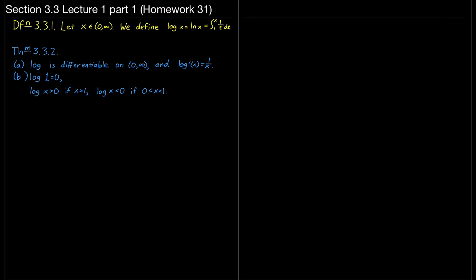All right, then everybody's favorite property of logarithms. If a and b are both positive, then logarithm of a times b is log of a plus the log of b, and the logarithm of a over b is log a minus log b.